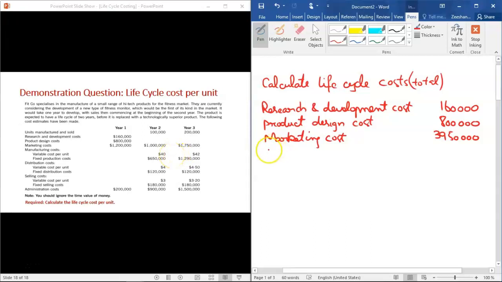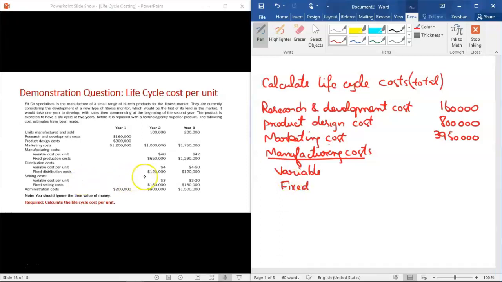And then we have manufacturing cost. Now in the question we have two types of manufacturing cost. One is variable and the other one is fixed. Now fixed is simple because in fixed we just need to add them together.